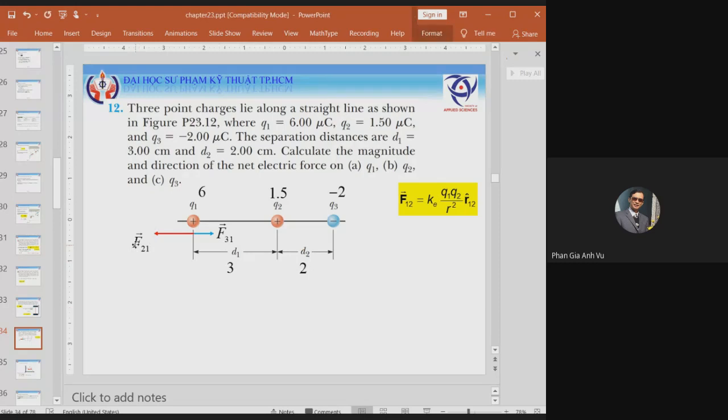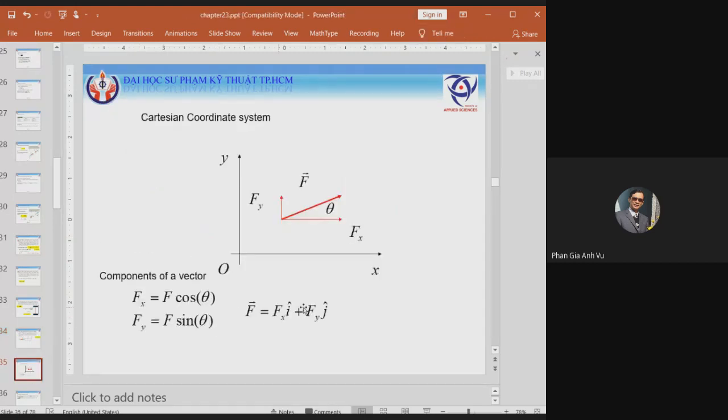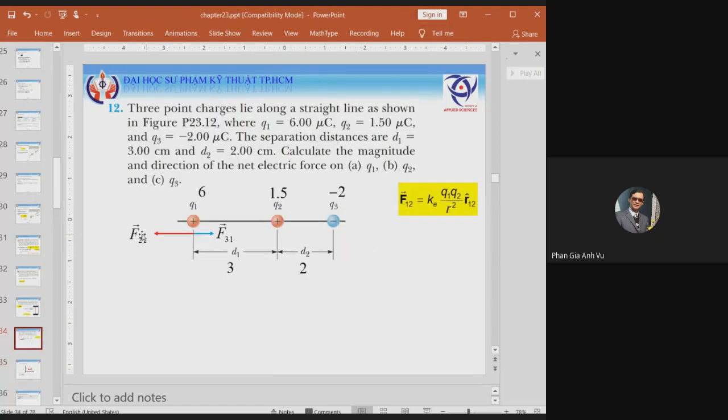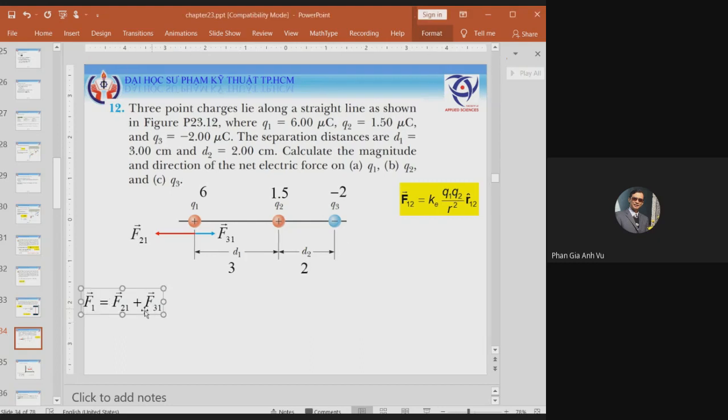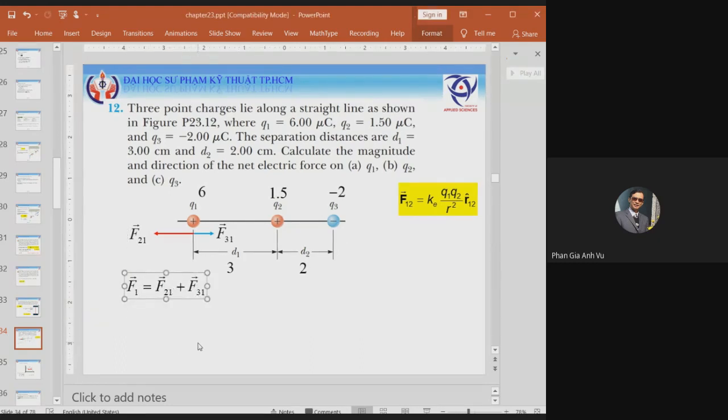Okay, so I will show you how we can use the force here, right? To this problem. So let's say first of all, the force F1 is equal to F21 plus F31. Okay, first of all, we have that. Then we have to define F21 and F31.